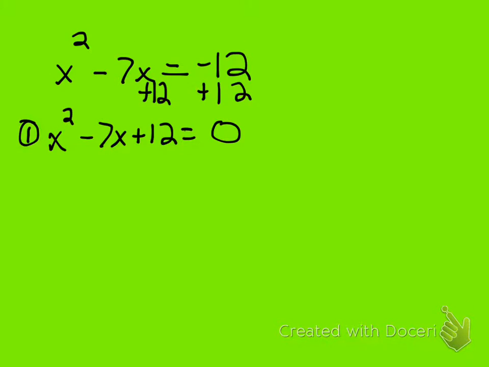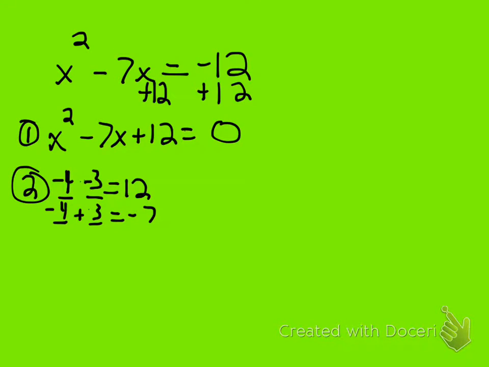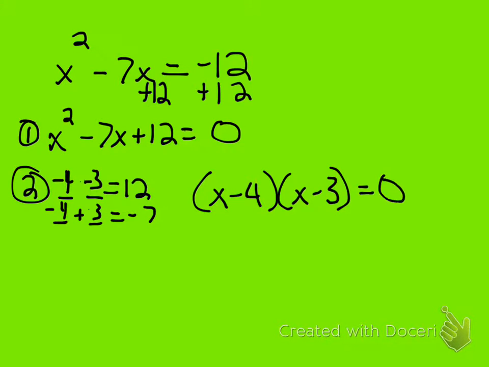So that was step 1. 2, I need to factor. So two numbers that multiply to give me 12, add to give me negative 7. That's negative 4, negative 3. So my two factors are x minus 4, x minus 3. And that still equals 0, just like it did in the previous step.